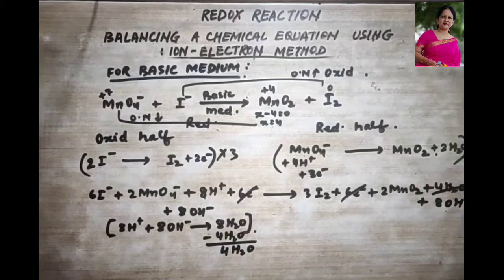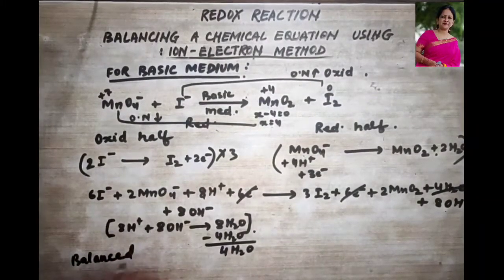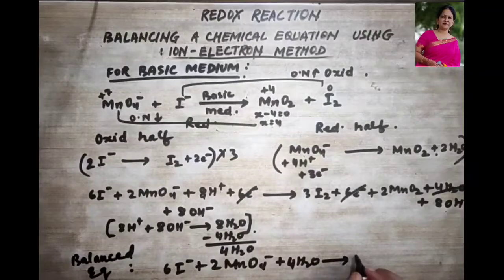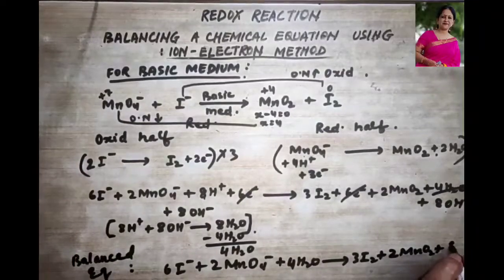Okay, this is all. Now the balanced equation. Balanced equation becomes what? 6I- plus 2 MnO4- plus 4 H2O gives 3I2 plus 2 MnO2 plus 8 hydroxyl ions.